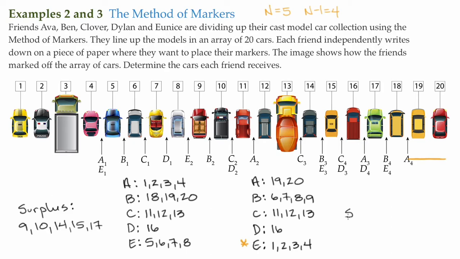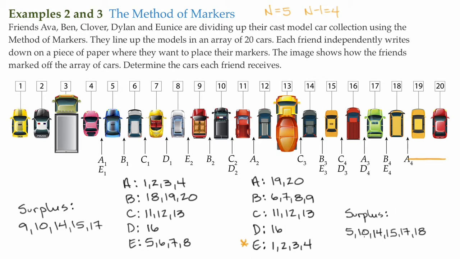So then the surplus for this would be all the cars that are not accounted for here. That's 1, 2, 3, 4, 5, 6, 7, 8, 9, 10, 11, 12, 13, 14, 15, 16, 17, and 18.